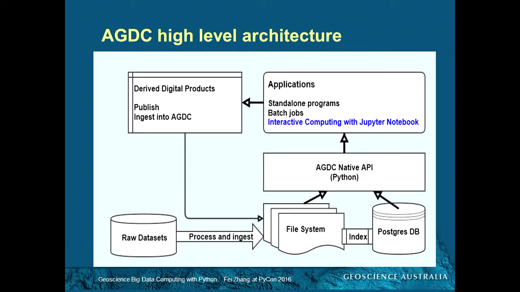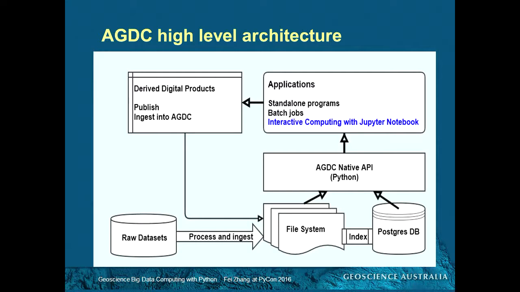At this point, I quickly knocked up this architecture to show you the process flow, the structure of the AGDC Datacube. Basically, how we do the Datacube is that, starting from here, raw datasets, this is the archive data, have to be processed into standard imagery data and then ingested into the file system. The imagery files have to be indexed, and the index stored in the Postgres database tables.